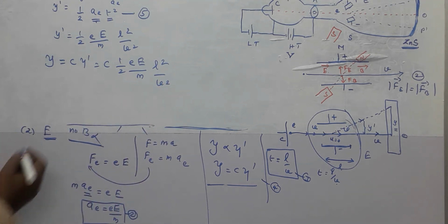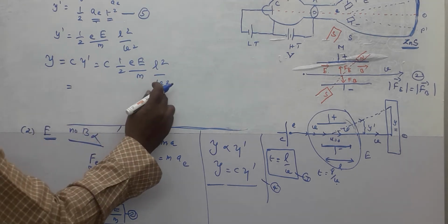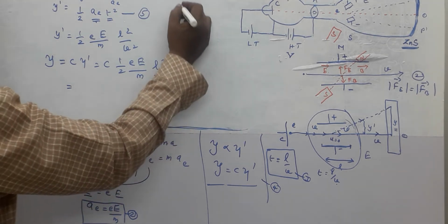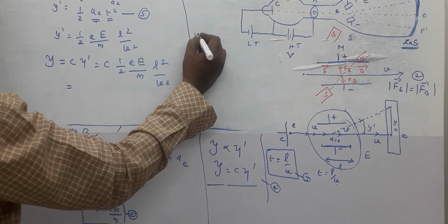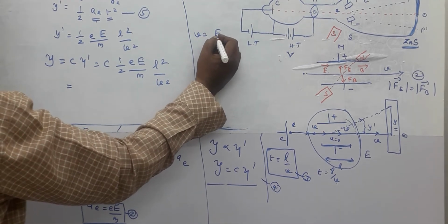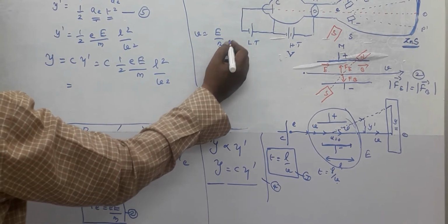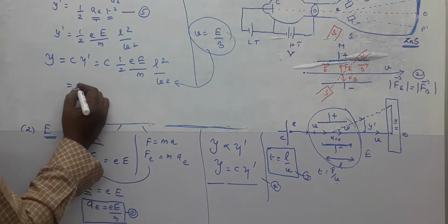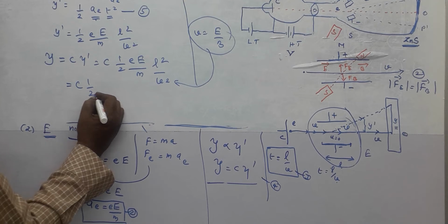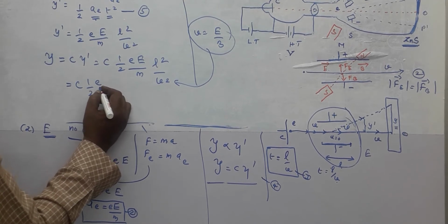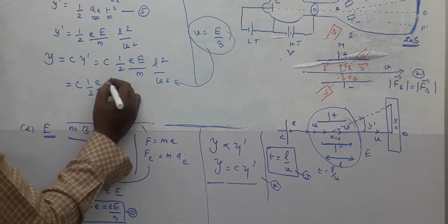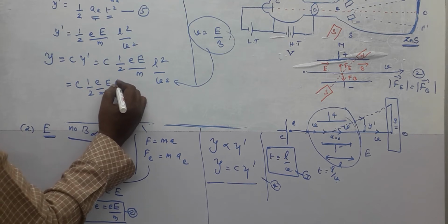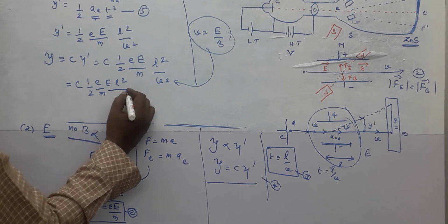Now, by simplifying the equation, we have to substitute the value of v. We already derived an expression for v equal to E by B. Substitute this value here. We get y equal to c into 1 by 2, e by m into capital E L square by v square.